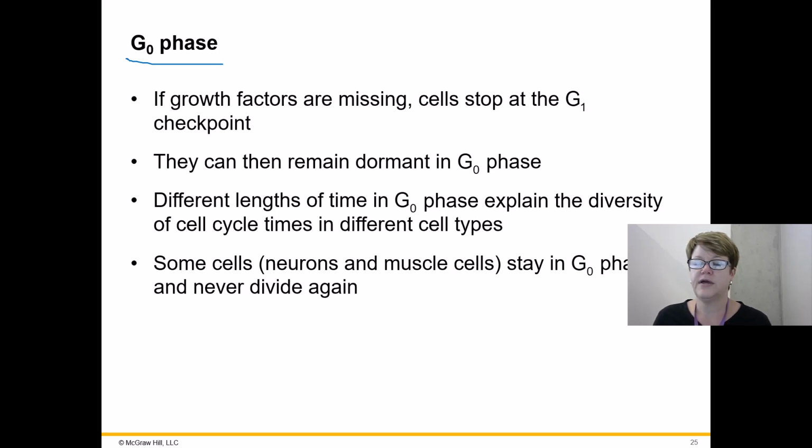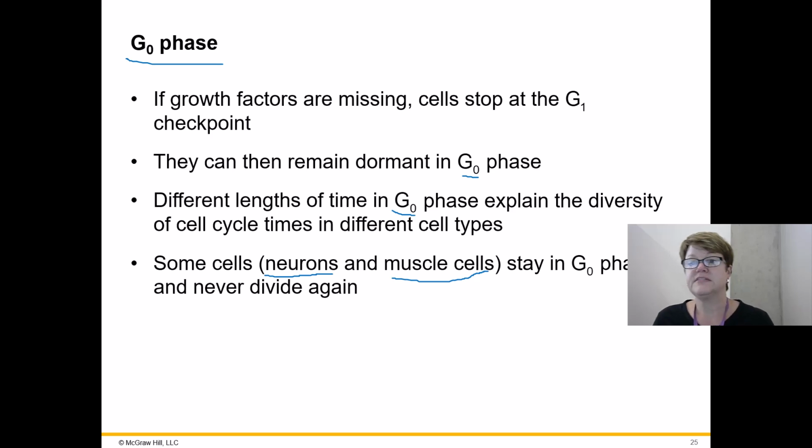Some cells in your body will stay in G0 the rest of your life and just die naturally. Other cells can be in G0 but then be stimulated later to go back into cell division. So it depends on the cell type. Typically, neurons and muscle cells, once they go into G0, won't divide again, but other cells can.